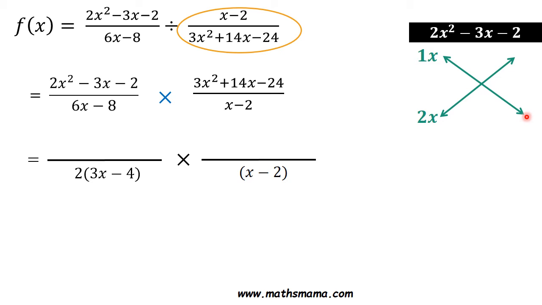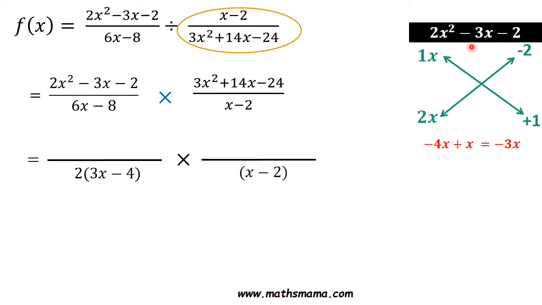The answer should be equal to this middle term. So I'll start with negative 2 and positive 1 and multiply. 2x times negative 2 gives negative 4x. 1x times positive 1 gives positive x. When you add these two terms, you get negative 3x. Wow, we got the correct factors straight away.